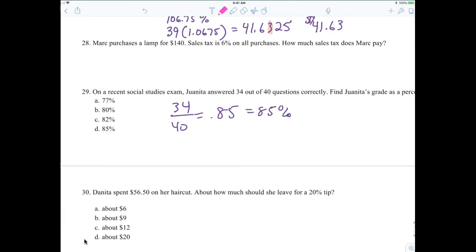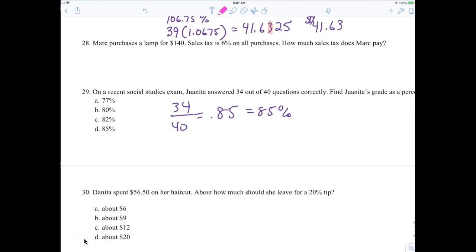Now, this is a repeated question. If you understand what we did on the last tax problem, this should be easy for you. Hunter, what are we doing? Mark purchases a lamp for $140. Sales tax is 6%.